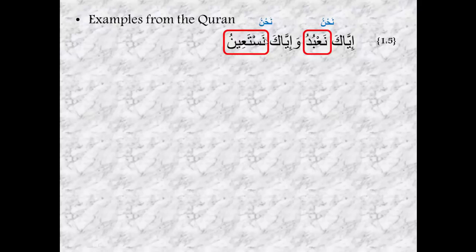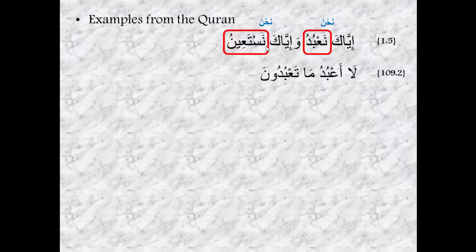Notice how both verbs have a noon at the front for nahnu, and also both verbs end in dhamma. So that tells us something about this noon here. It's not the same noon that we have in taf'aluna or yaf'aluna. This noon has a dhamma on top, not a fatha. So it is actually part of the root letters of the word itself. So this is a form 10 verb, and we'll talk about this in more detail in future lessons.